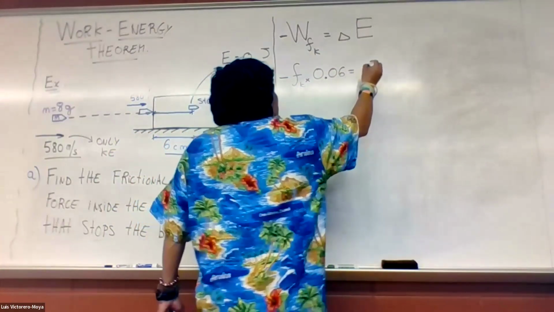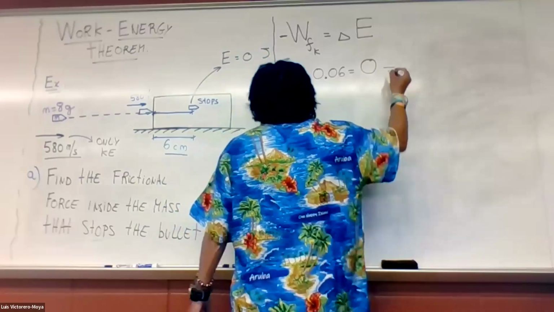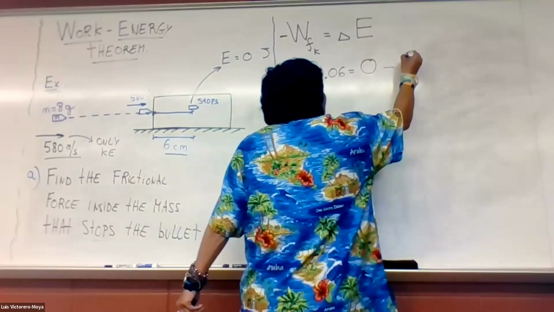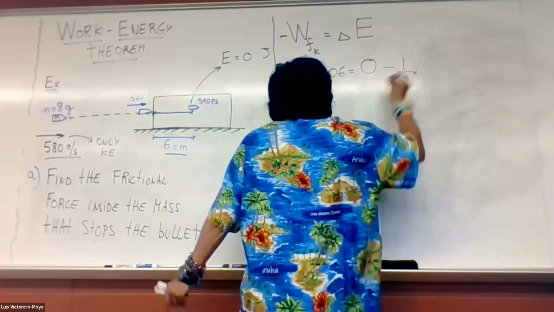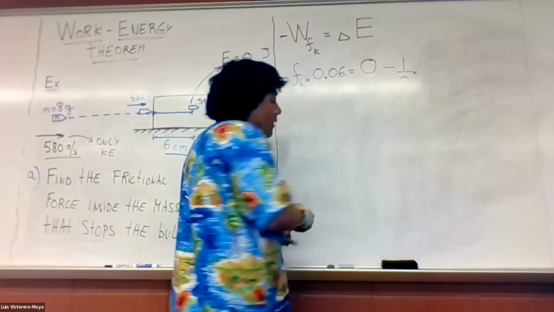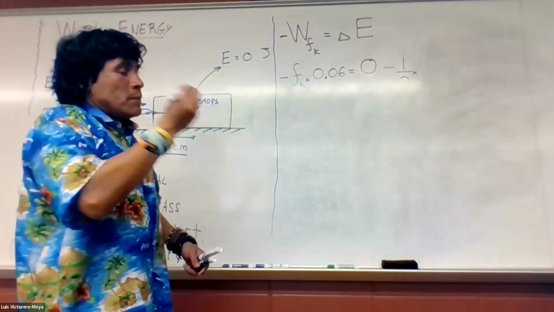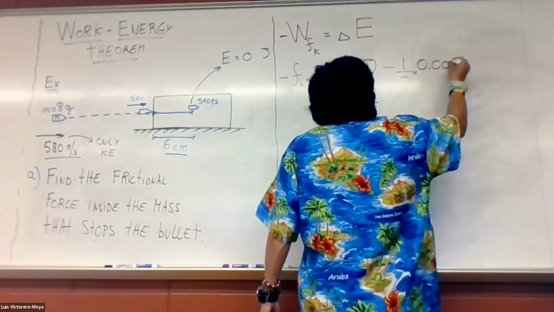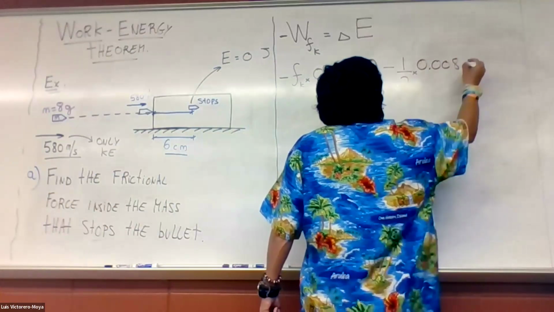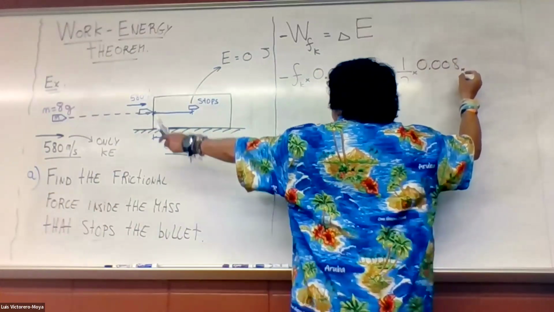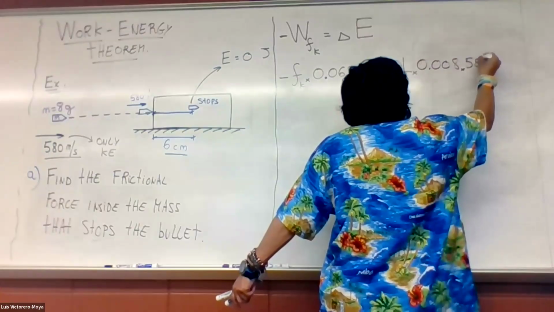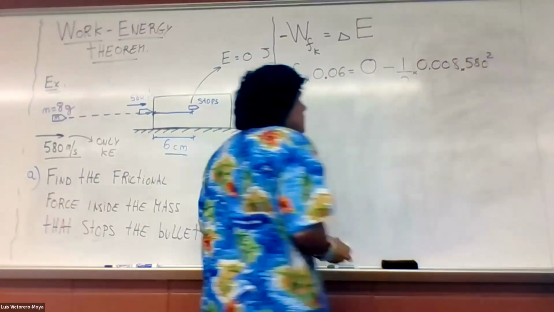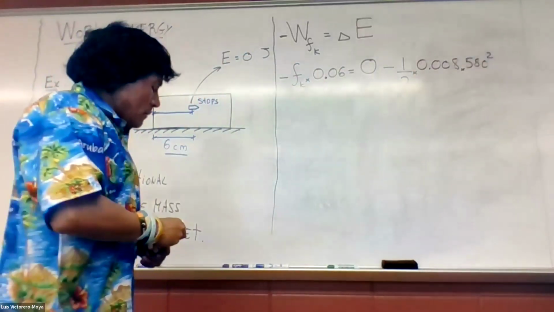That's equal to energy final minus energy initial, 1/2. What's the mass? 8 grams. 8 grams is 8 divided by 1,000, 0.008 times 580 squared.